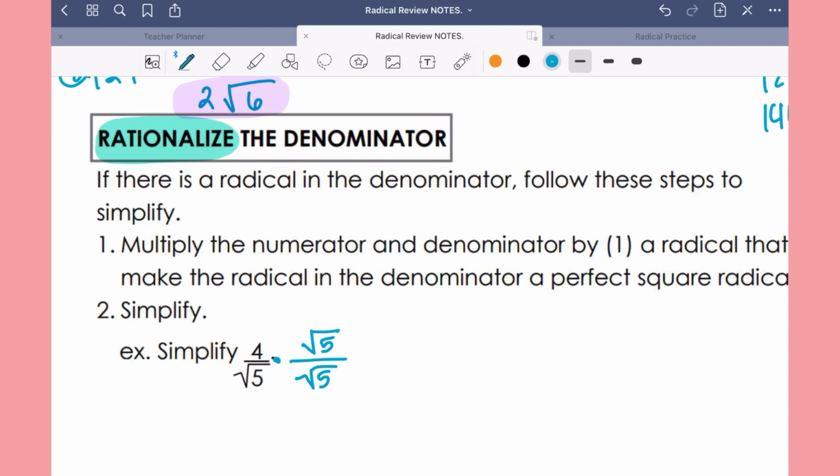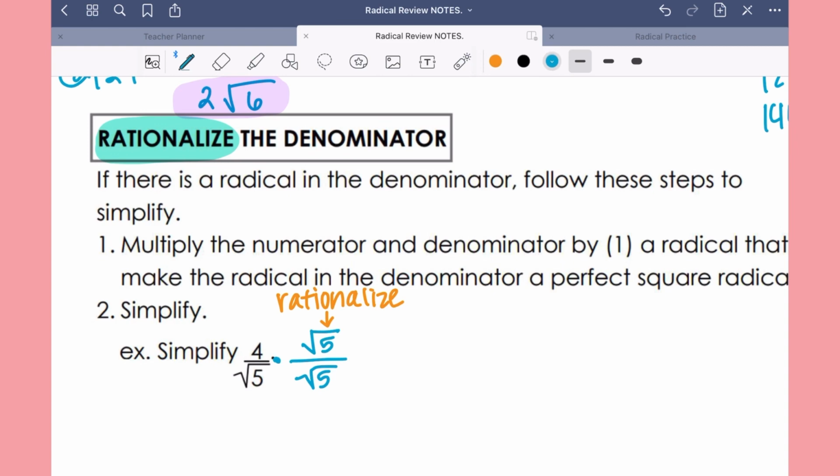So see how this one, square root of 5 here is in the denominator. So I'm going to multiply the numerator and the denominator both by the square root of 5. And that is literally what rationalize means. So if you want to write that word here so you don't forget later, this is you rationalizing.